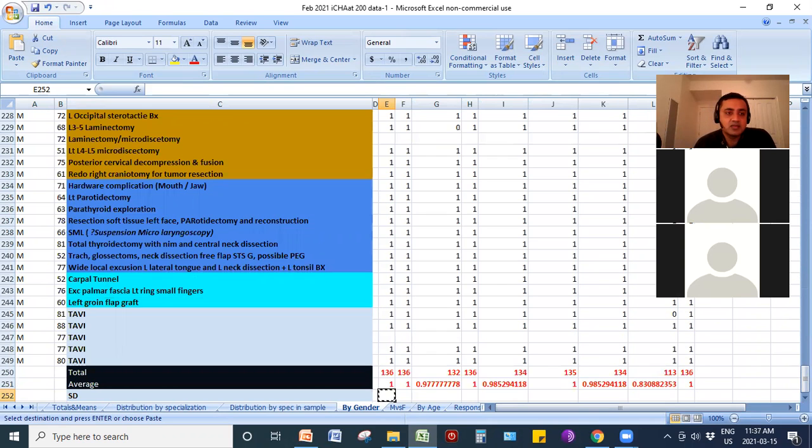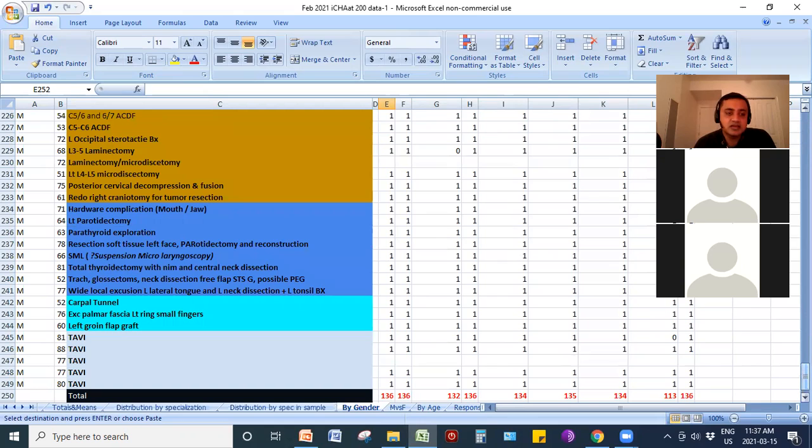But there are some I will have to discard, and the reason for that is some of the specializations only have 3 procedures. Oftentimes for each individual category, if you have less than 5, you really can't use it for any proper statistical analysis. So it's recommended that you discard them.